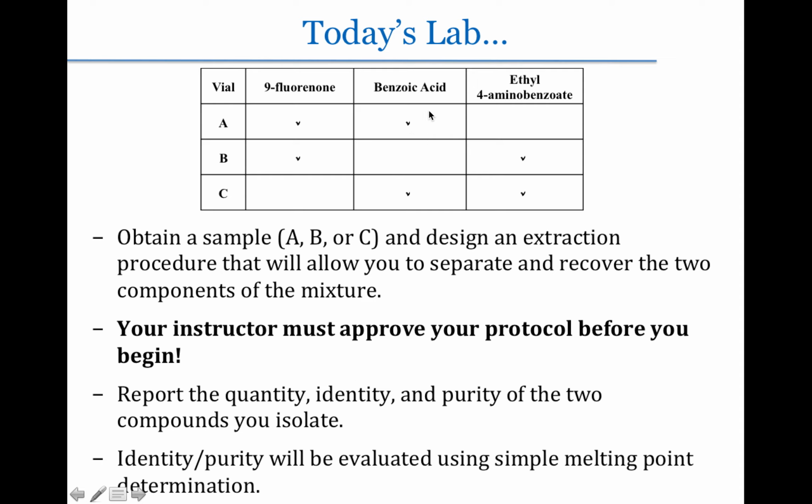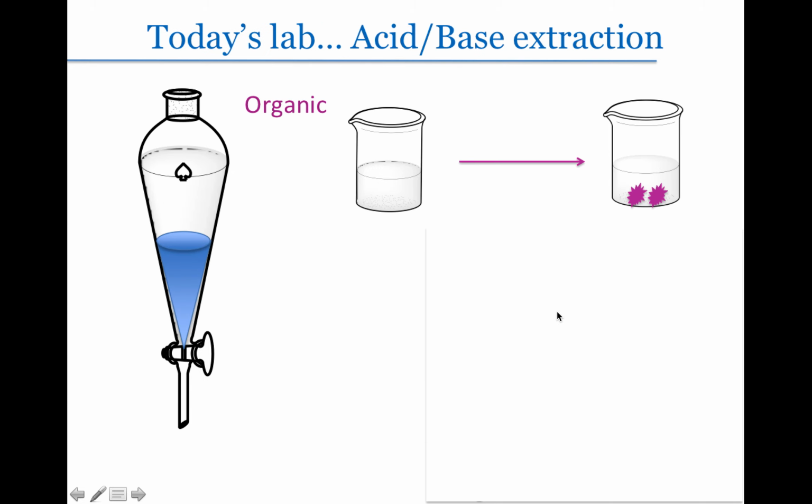If you get 0.25 gram benzoic acid, you got 50% recovery. Identity and purity will be evaluated by simple melting point determination. Then you will evaluate if your separation was successful and whether you obtained 2 pure products back.